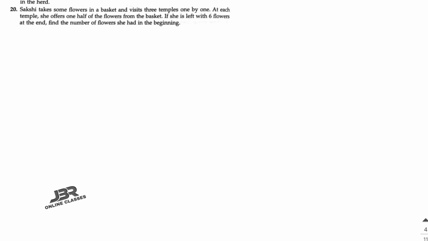First let the total number of flowers be x. At each temple, she offers one half of the flowers. For the first temple, she offered x by 2. Clear? That means the remaining number is x minus x by 2, that equals x by 2.